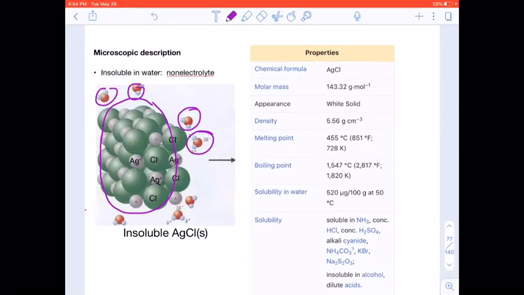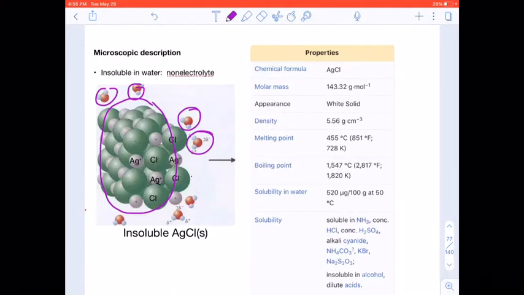But in this case, the forces between the chloride and the silver ions are very strong, and these polar water molecules cannot break down or separate these ions because the forces are relatively strong. The process of dissolving is then not energetically favorable.